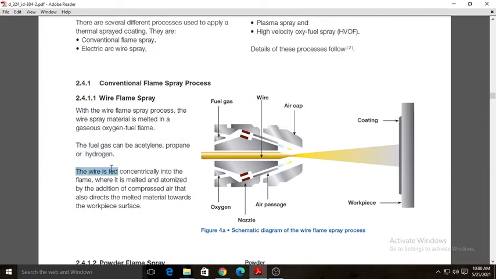The wire is fed concentrically into the flame where it is melted and atomized by the addition of the compressed air that also directs the melted material toward the workpiece surface. Then this gas also directs this molten material on the workpiece.